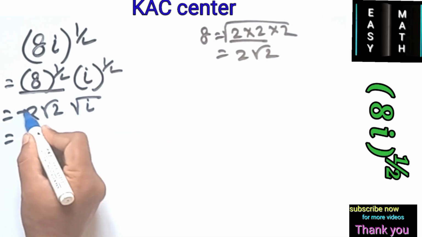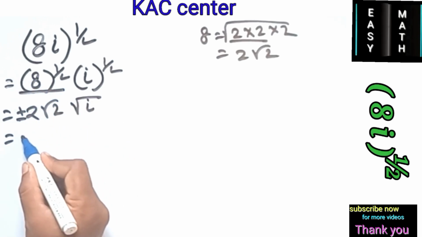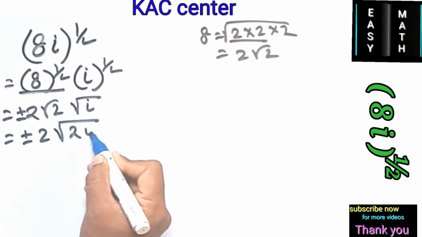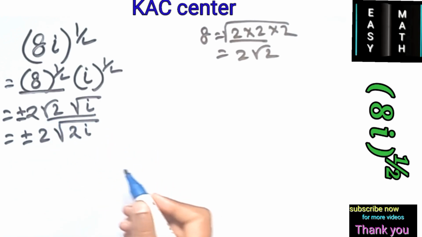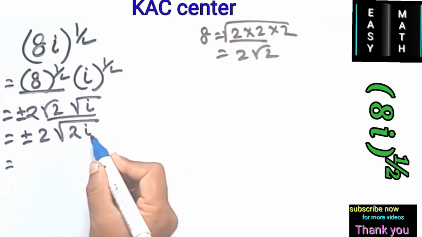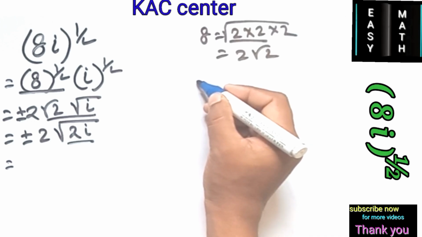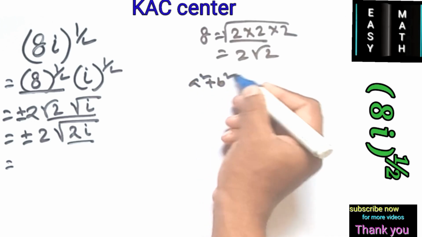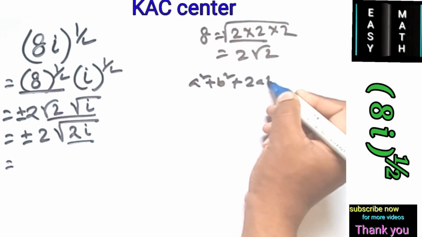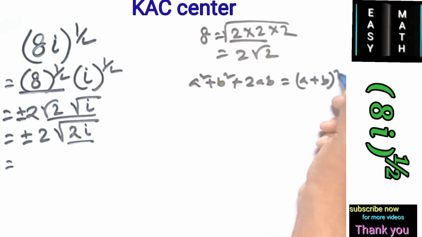So now it's half, plus minus. So now the plus minus of 2, and this is the 2i. And now this is a squared plus b squared plus 2ab, this is (a plus b) whole squared.